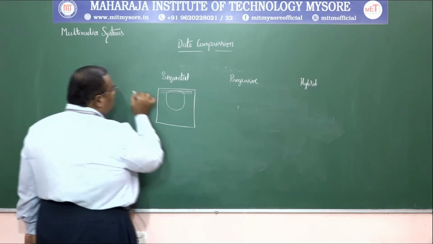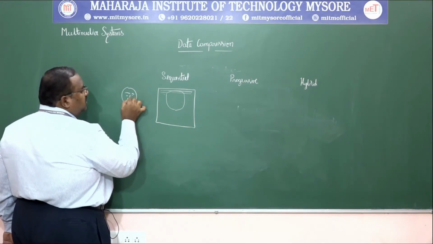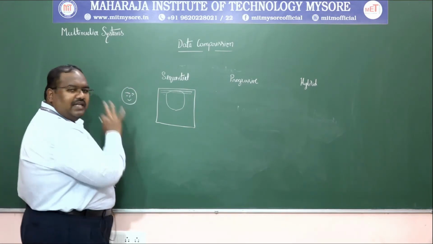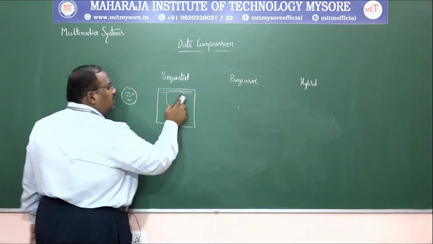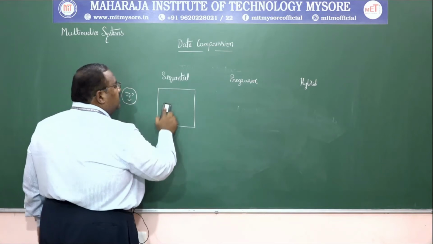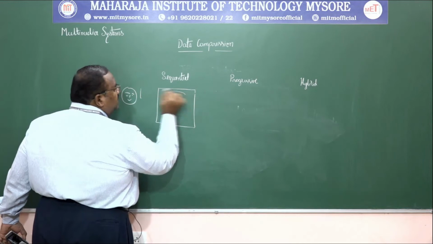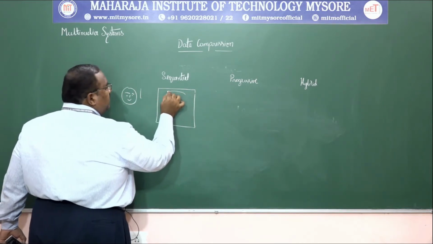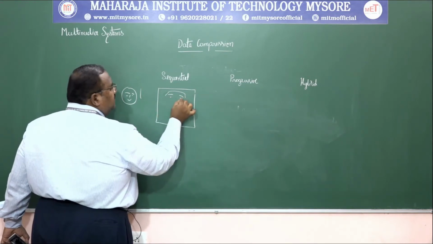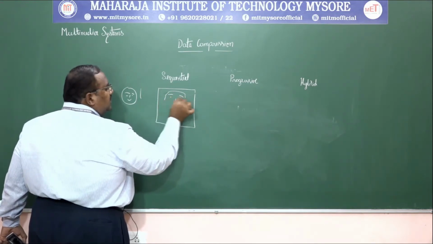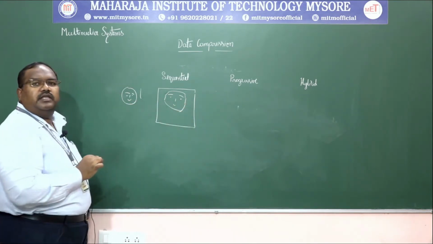Consider this the original image: eyebrows, eyes, nose, and a mouth, just for illustration. In a sequential mode, what happens? In sequence, from the top down, first this part is constructed or visible, and next the eyebrows come up, next the eyes, next the nose, and next the mouth, and then the image is complete.